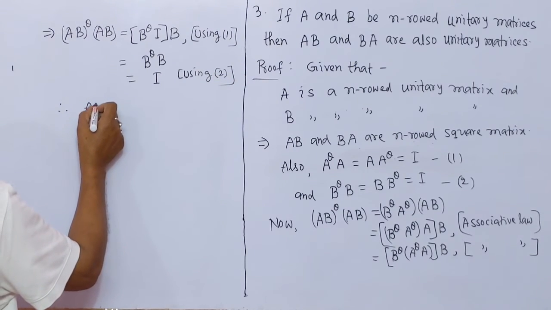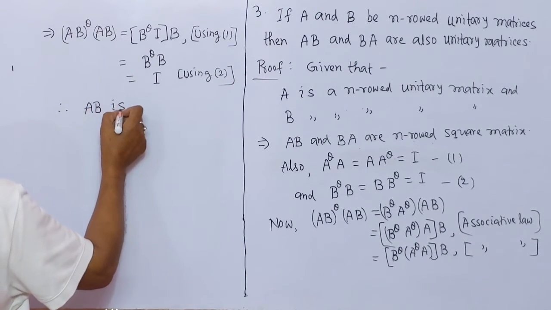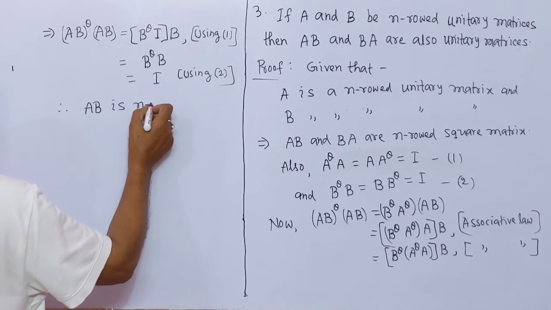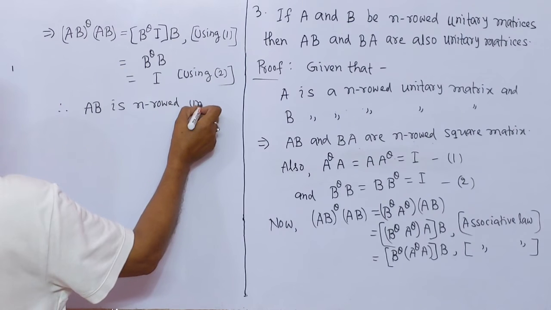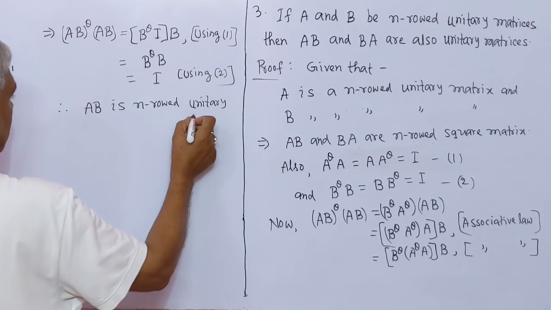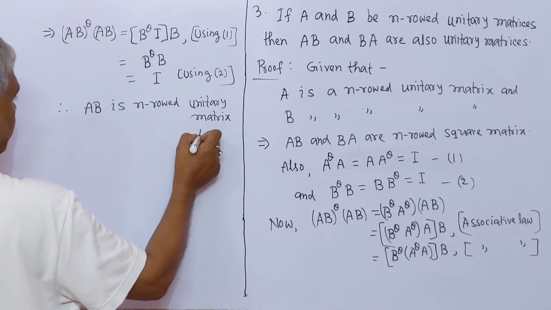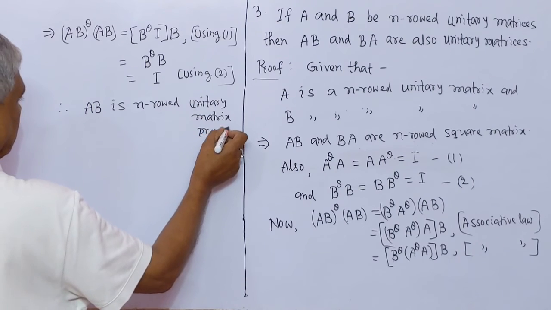Therefore, AB is an n-rowed unitary matrix, proved.